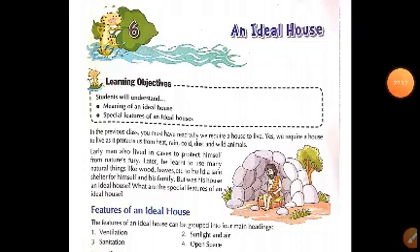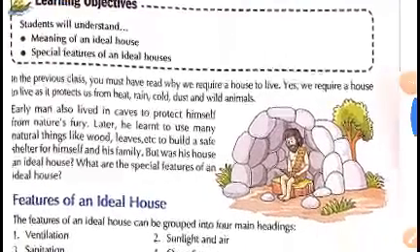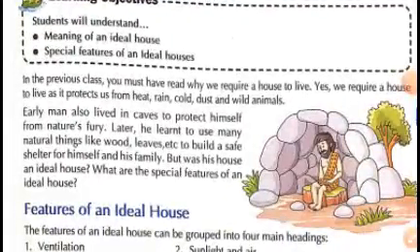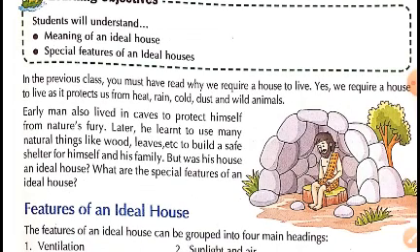So children, once again we will revise the chapter from the beginning. Children, as we know, a house is very important for us to live. A house protects us from rain, cold, dust and wild animals.